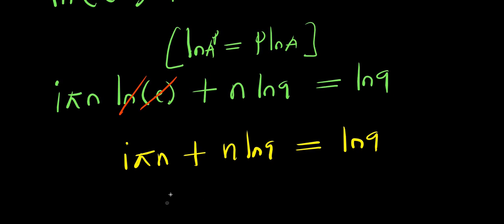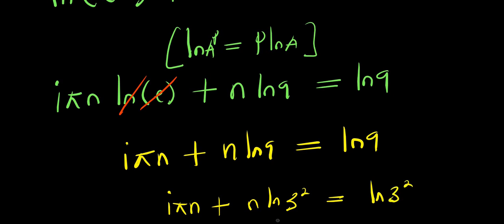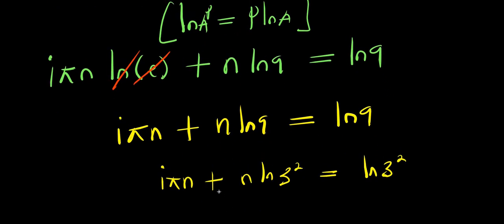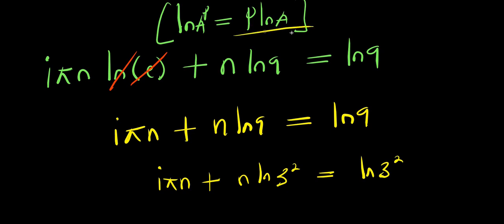So from here, the natural log of 9 is the same thing as natural log of 3 power 2. I then apply the same identity again. Natural log of a power p equals p times natural log of a.